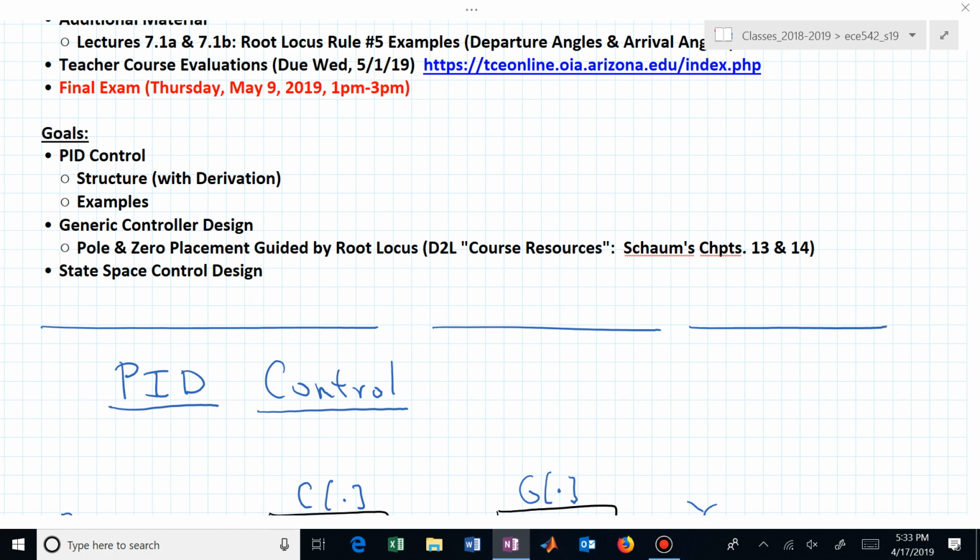Today what I want to do is go over PID control. We've talked about P, we've talked about PI, we've now moved up to PID, and I will scroll through basically the derivation. What does that look like structurally? And we'll start talking about some examples. Then we will get into generic controller design.